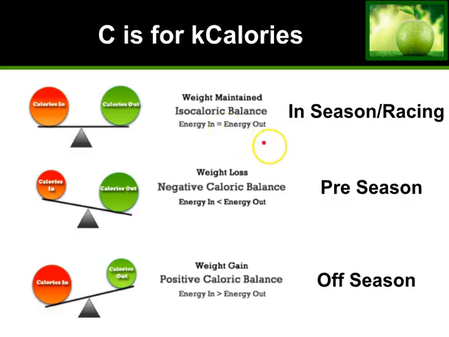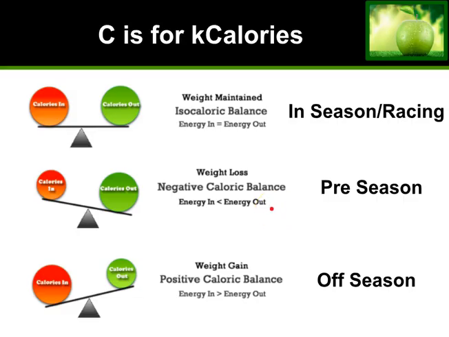Now, during preseason, athletes often would like to lose weight, and in this case, they'll need to be in negative caloric balance. That is, they're taking in fewer calories than they're expending. For athletes, this number should be only about 500 calories less per day than they are expending.